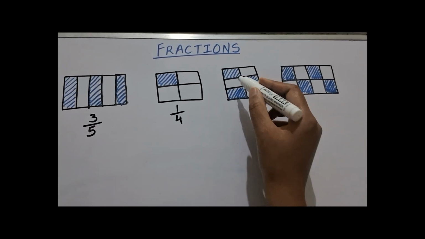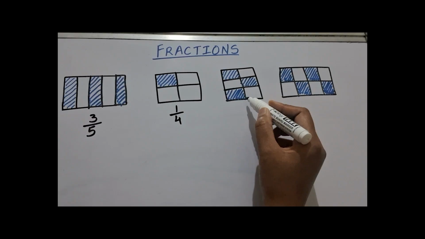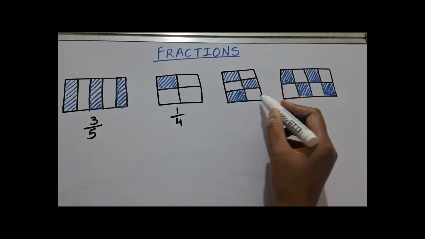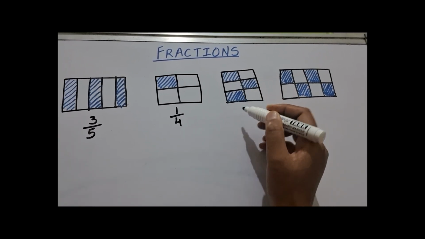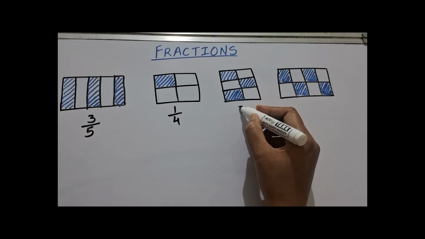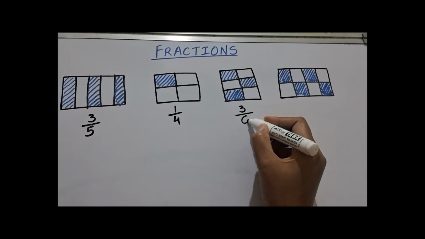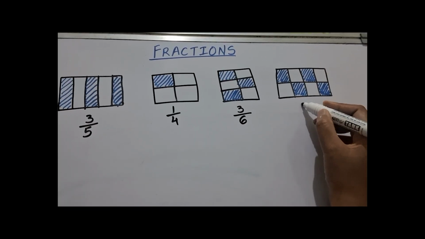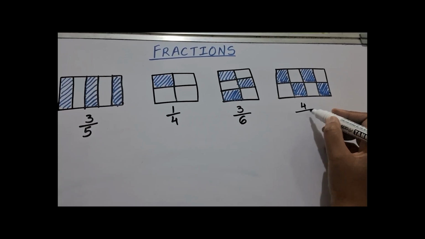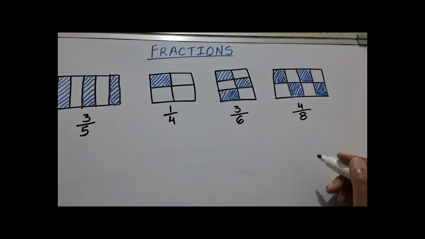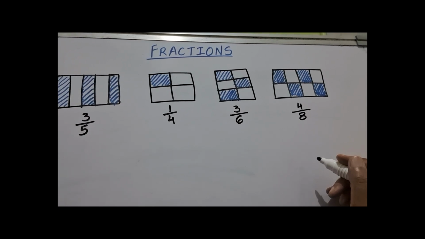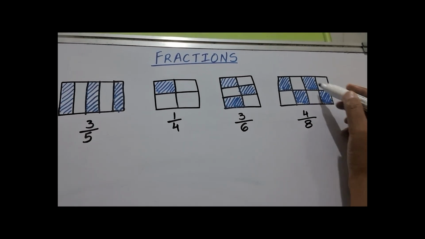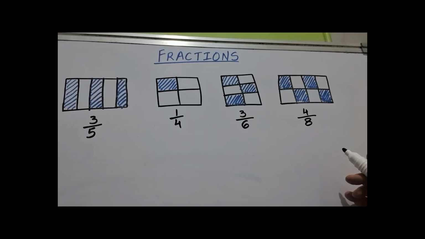Here this figure is divided into 6 equal parts and only 3 parts are shaded, so the fraction will be 3 by 6. And here there are 4 shaded parts out of 8 parts, so the fraction will be 4 by 8.